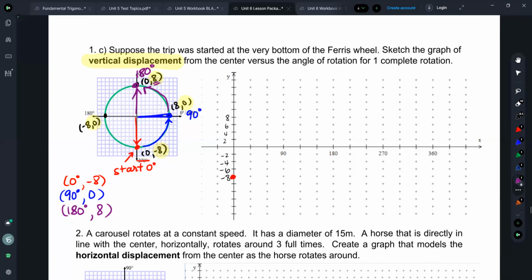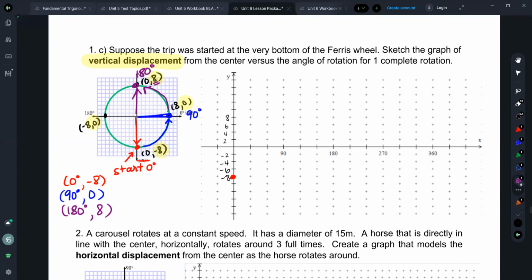The horizontal displacement, so you need to think about independent variable versus dependent variable. We talked about when you guys graphed lines back in grade 9, you talked about independent versus dependent variable. The independent variable could be something like time. The independent variable in this case is the angle of rotation, because where I am on the graph depends on the angle of rotation, right? So that's an independent variable, the rotation.